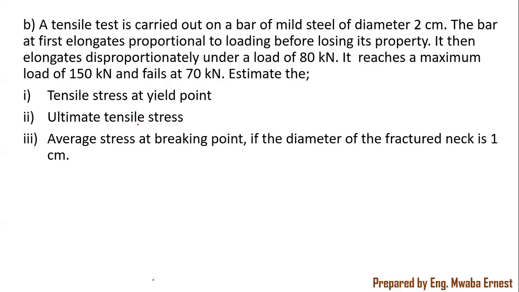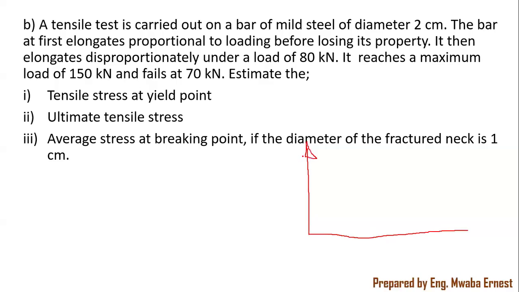By the phrasing of the question, one thing you should notice is a pattern. The question has given us a pattern such that you're dealing with a load against extension graph. So I draw a load against extension graph. This is the load, this is the extension.